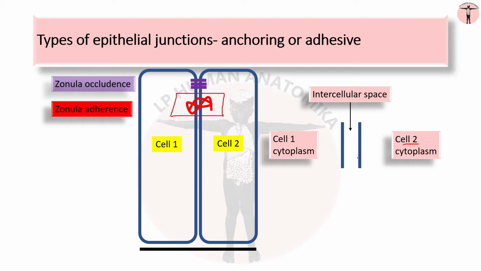Now the transmembrane proteins of adjacent cells bind together to form the adhesive junction outside the cells. Two transmembrane proteins bind together in the intercellular space, and inside the cell, it gets attached to the actin filaments. The actin fibers are linked to the transmembrane protein via actin binding protein.